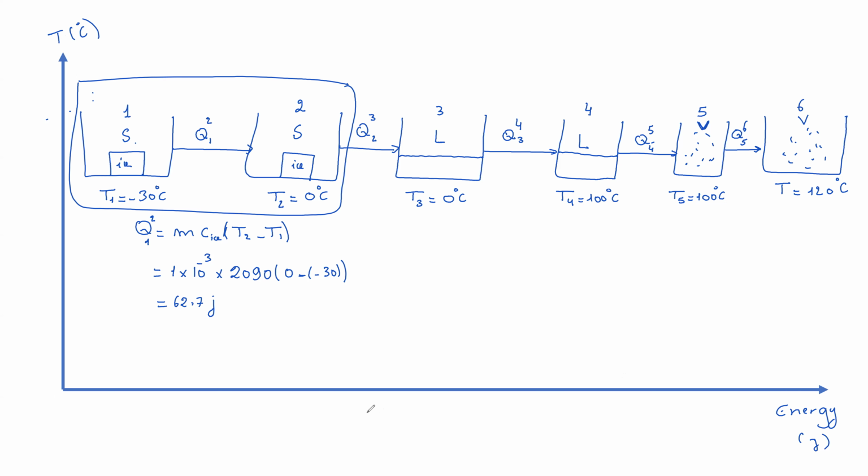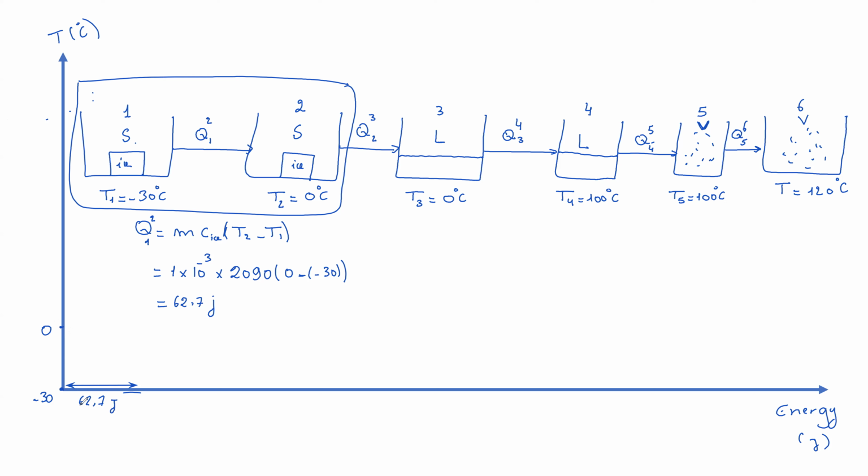Let's say here we have the initial temperature equals to minus 30, and we pass to 0. And the energy required equals to 62.7 joule.